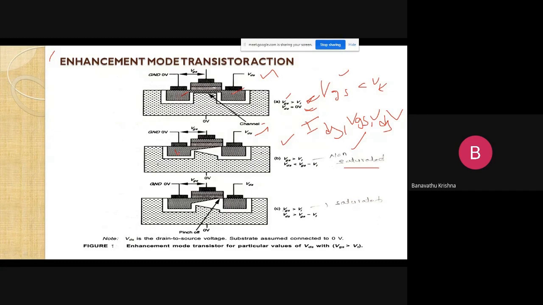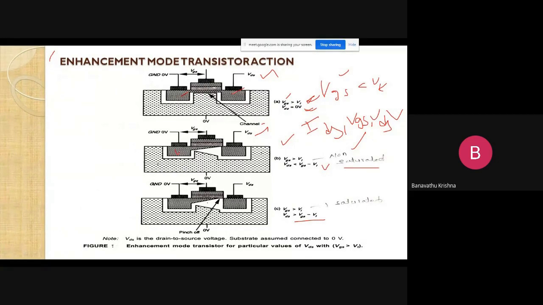In the third case, VGS is greater than VT, which means the channel is available, and VDS is greater than VGS minus VT, whereas in the previous case VDS was less than VGS minus VT. Here the maximum number of charge carriers move from source to drain. Due to the maximum voltage applied, a charge inversion occurs across the channel.